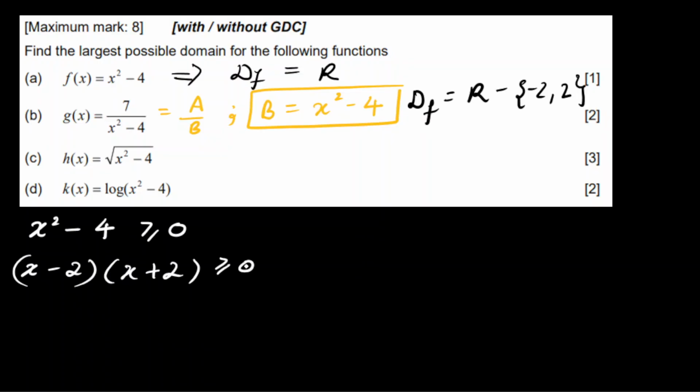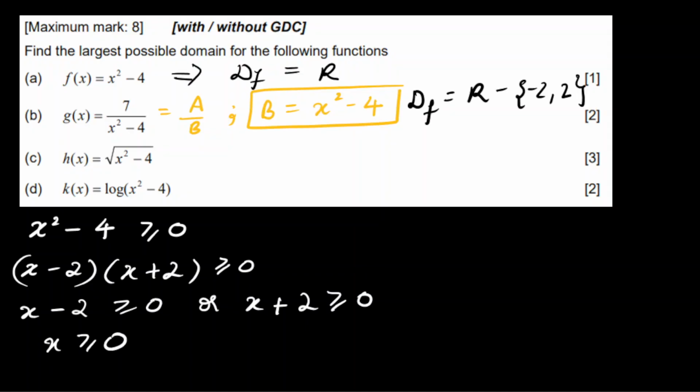So this is greater than or equal to 0. In the previous question it was only equal to, now it is greater than or equal to. So in the same way, x minus 2 is greater than or equal to 0, or x plus 2 is greater than or equal to 0. So from here we'll get x is greater than or equal to 2, because 2 we are shifting to the other side, so negative 2 will become positive 2.